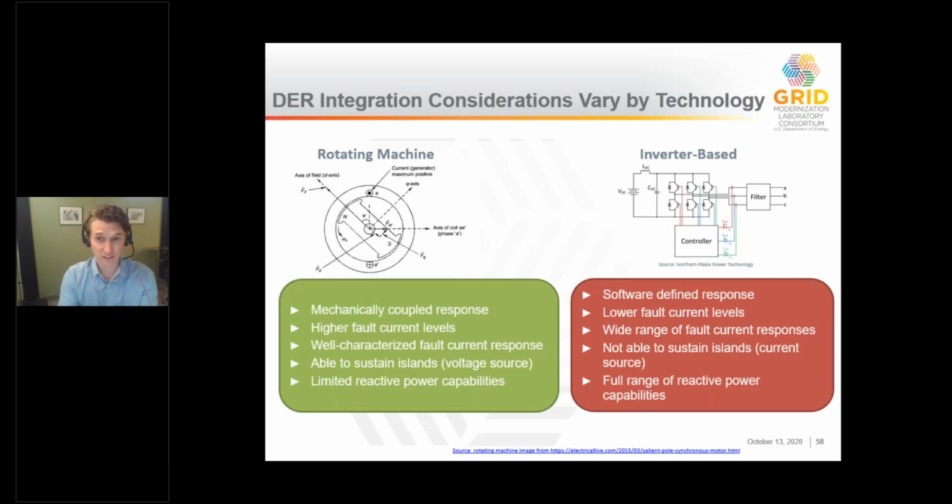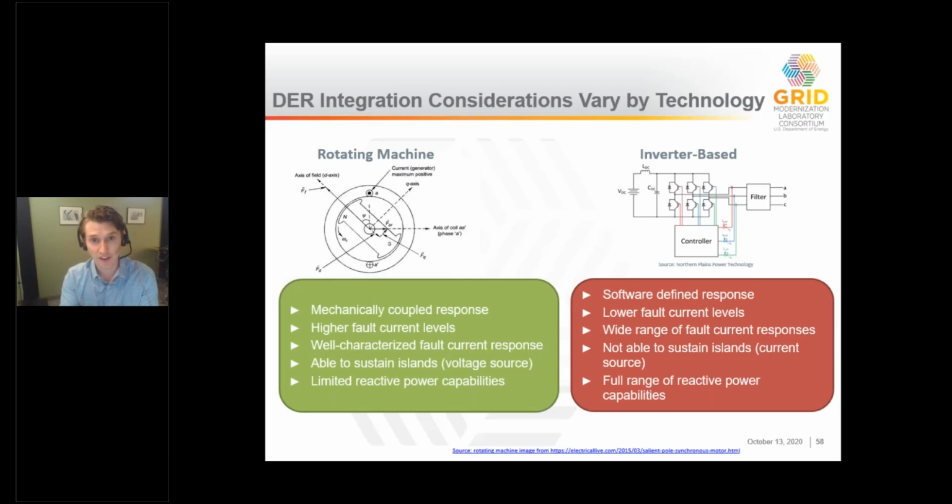And then inverters, since they're software defined devices, the fault current response when there's a problem on the grid greatly varies by the particular manufacturer and how that device was designed. Grid interactive inverters aren't able to sustain an island or energize loads that are disconnected from the broader grid.